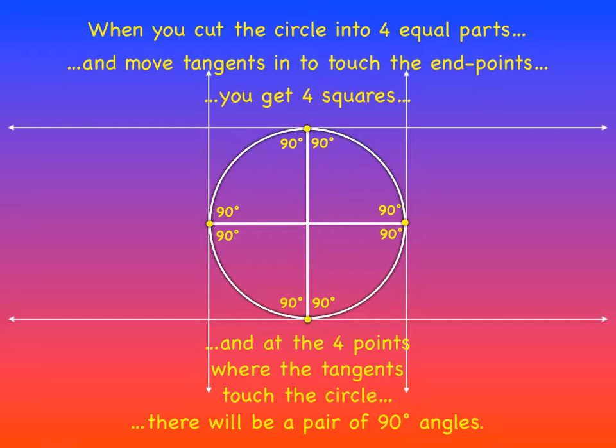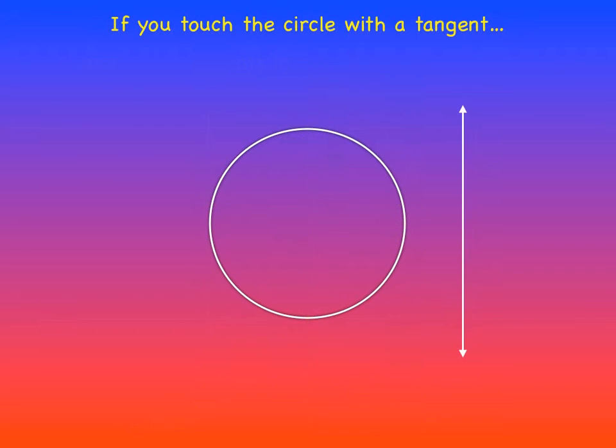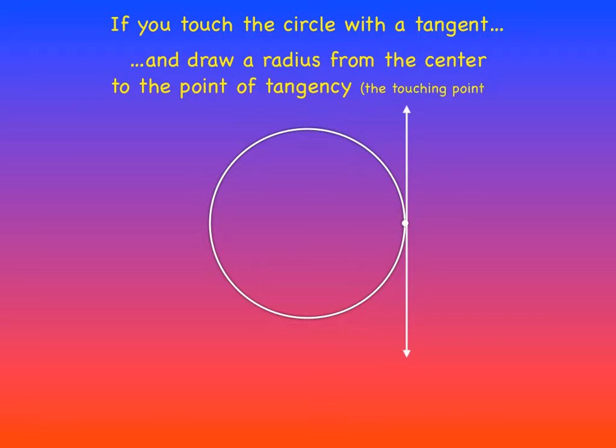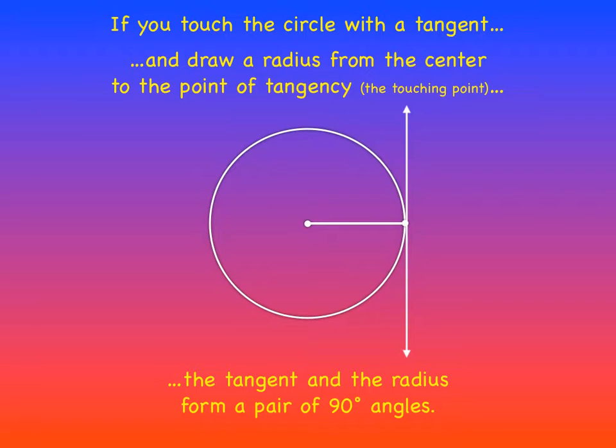There they are, right near the points of tangency. If you touch the circle with a tangent, and draw a radius from the center to the point of tangency, the tangent and the radius form a pair of 90-degree angles.